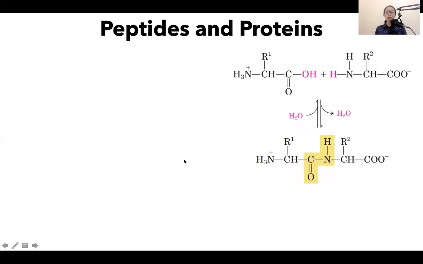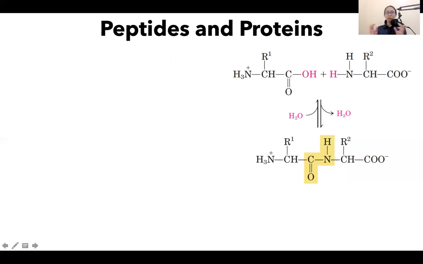Now, how are your proteins synthesized from your monomers, the amino acids? So the process is basically easy, and it's called a dehydration reaction. If you have one amino acid and another amino acid, the carboxylic acid functional group and the amine group of the second amino acid condenses.